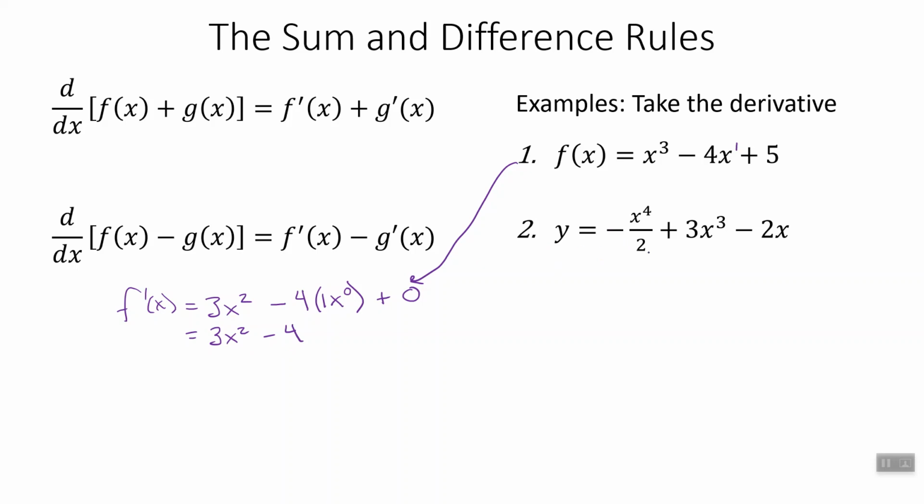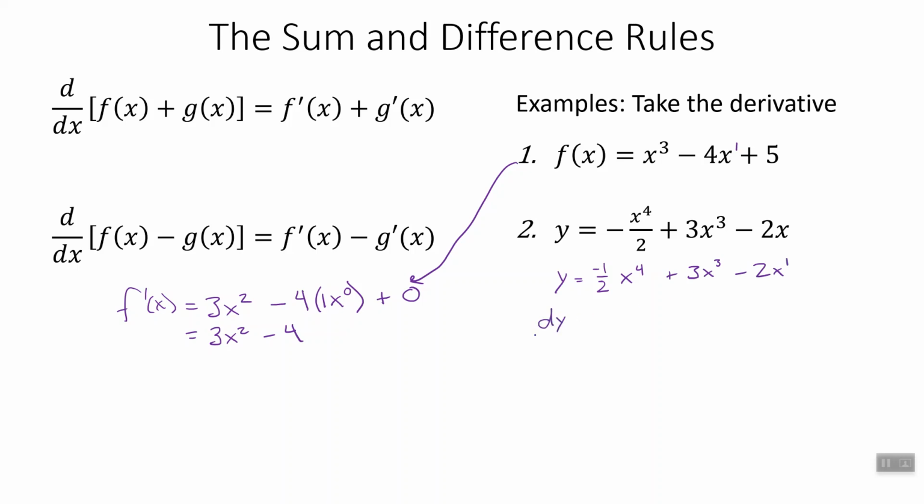Next one. We have negative x to the fourth over 2 here. Let's rewrite that before we take its derivative: negative 1/2 times x to the fourth, plus 3 times x to the third, minus 2 times x to the first.